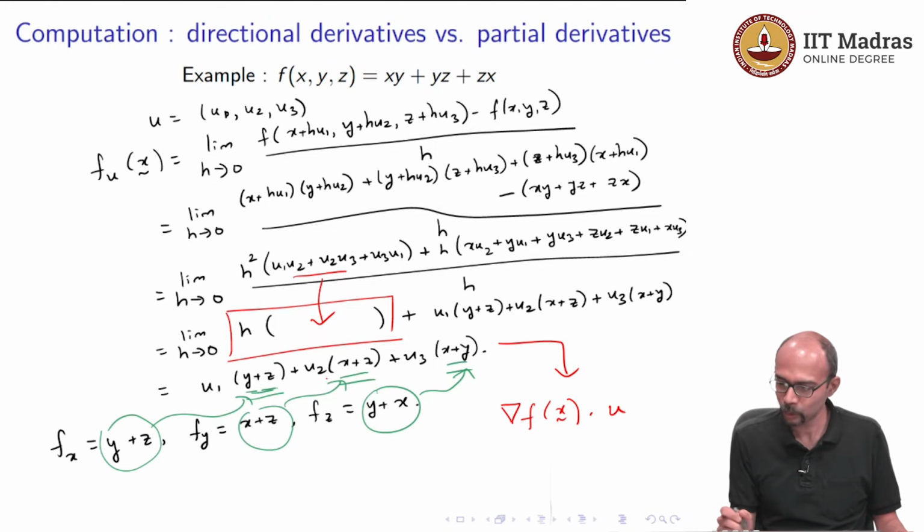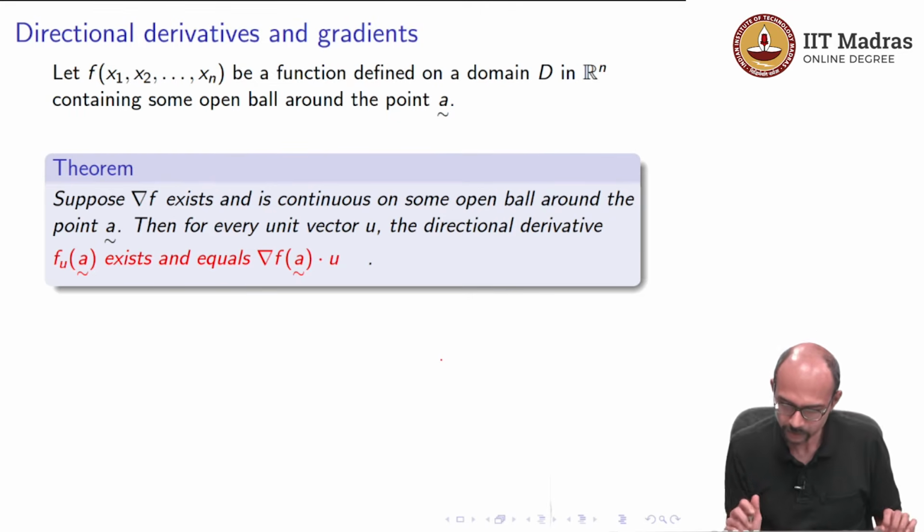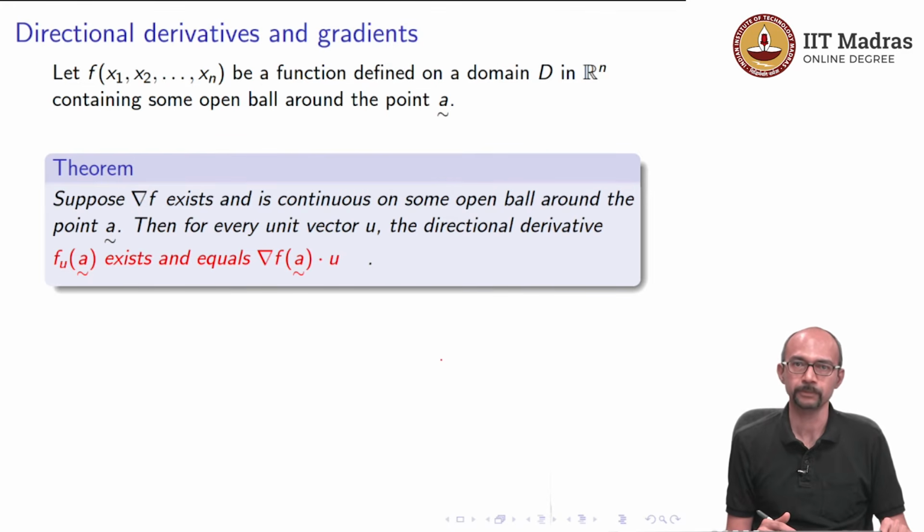So, the vector u is u1, u2, u3, the gradient of f is exactly y plus z, z plus x and y plus x, and if you dot, this is the expression you get, okay. And that is exactly what this theorem is saying, that you can compute the directional derivatives from the gradient and that vector u, okay.